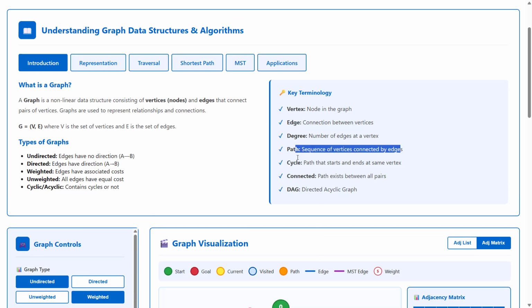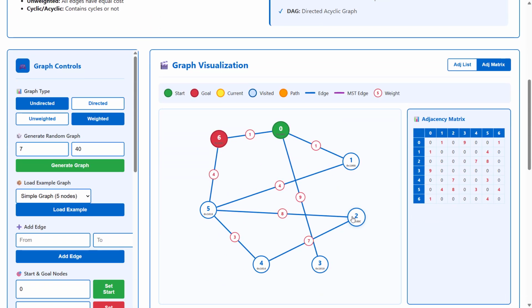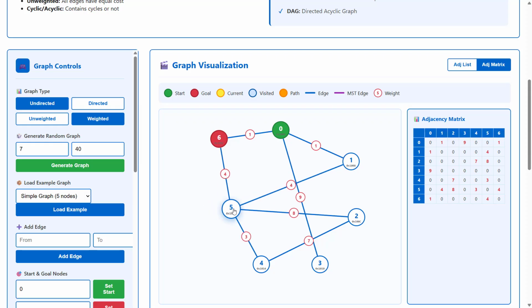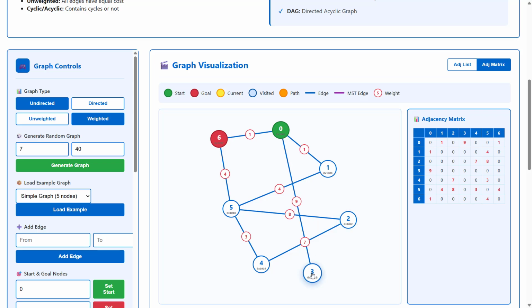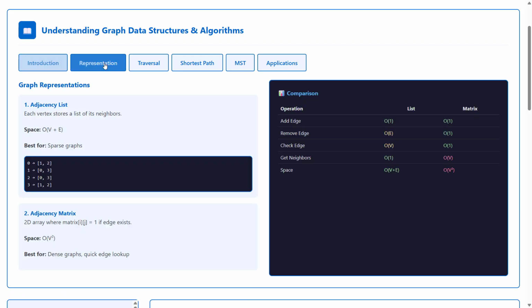A path is a sequence of vertices connected by edges, like going from point A to point B to point C. A cycle is a special path that starts and ends at the same vertex. You go in a circle and come back to where you started. A connected graph means every vertex can reach every other vertex through some path.